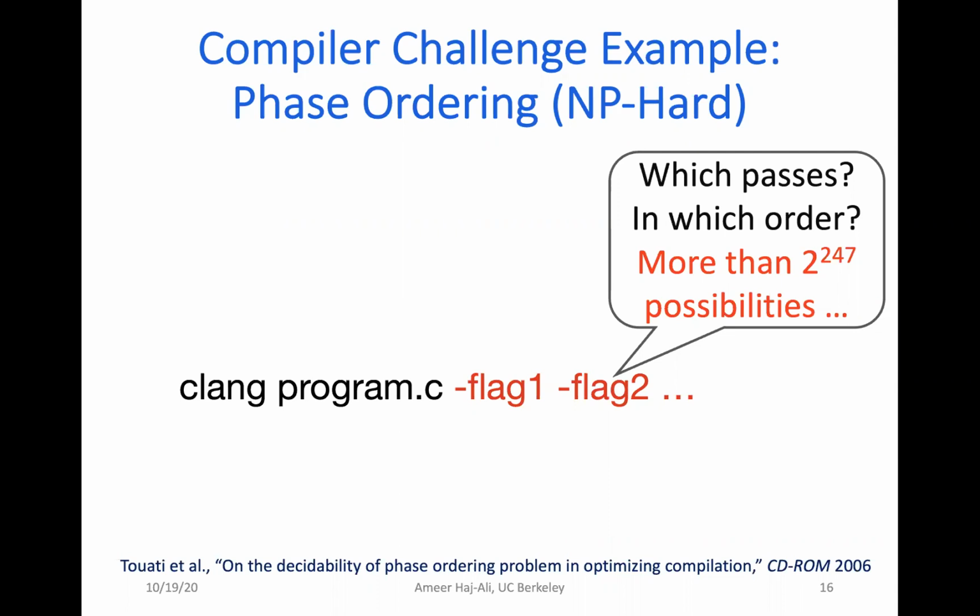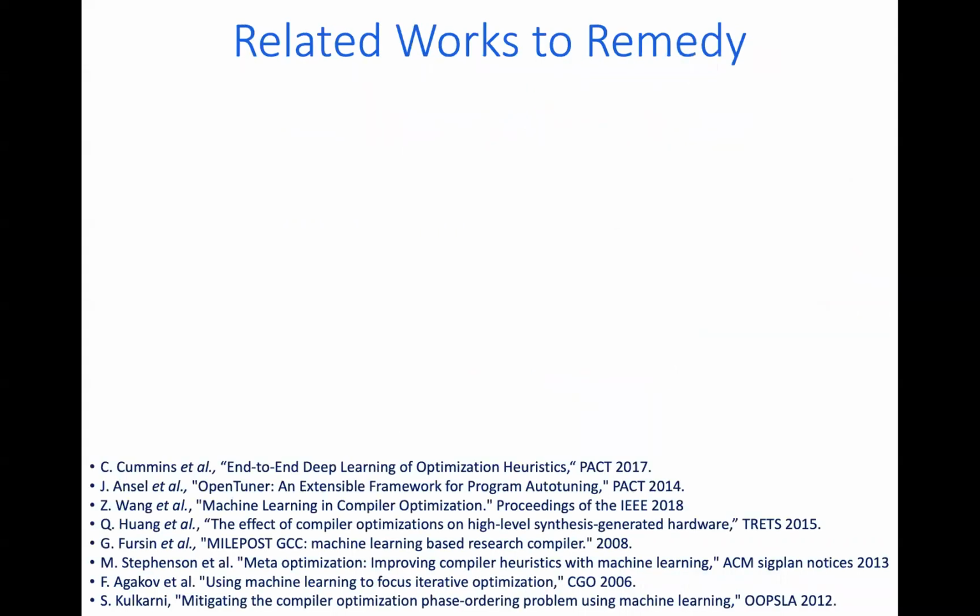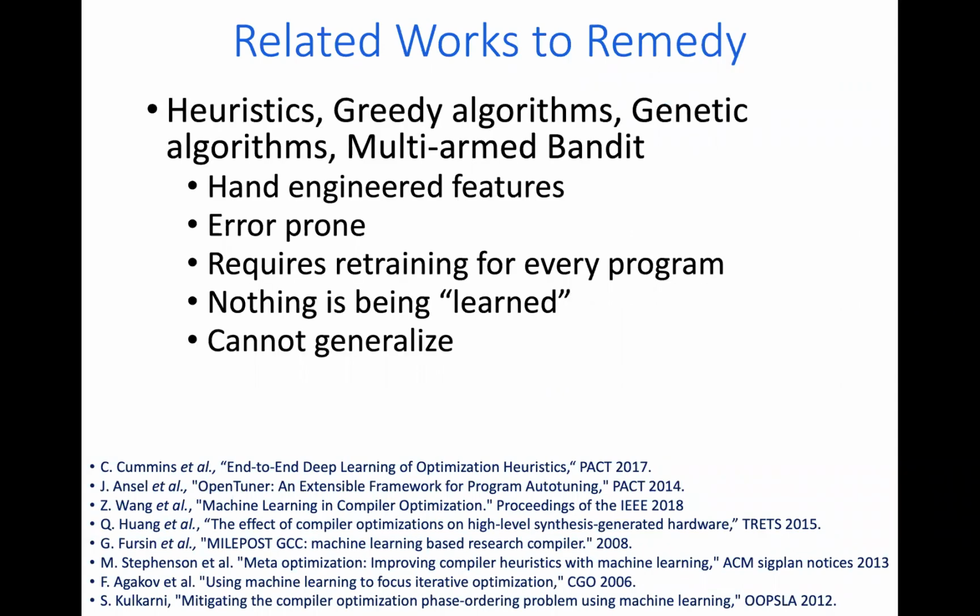Now, if we look at the related works that try to solve this issue, there are many related works that are there. I just summarized a few here, but there are a lot of related works, and I can summarize them in two categories, basically heuristics or greedy algorithms or genetic algorithms.